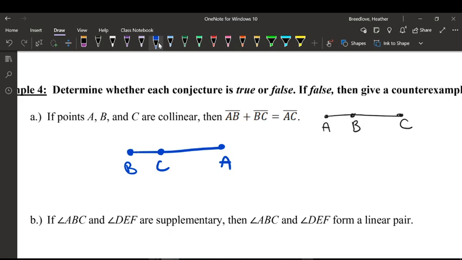Does AB plus BC equal AC? That's saying the whole thing plus part of it equals part of it. That doesn't make sense, does it? So this is false. Because the statement can be true, but it's not always true.